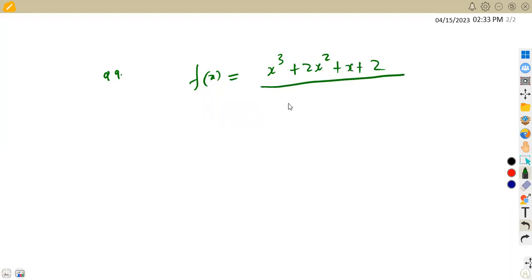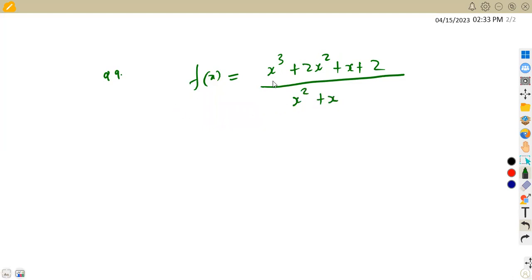We are given our f of x. In this case, that was our question 9, where f of x is given as x cubed plus 2x squared plus x plus 2, everything over x squared plus x.